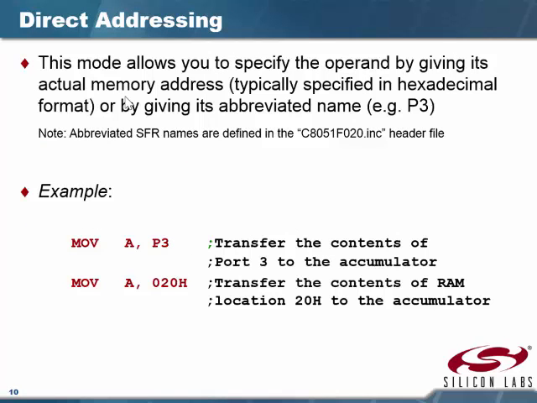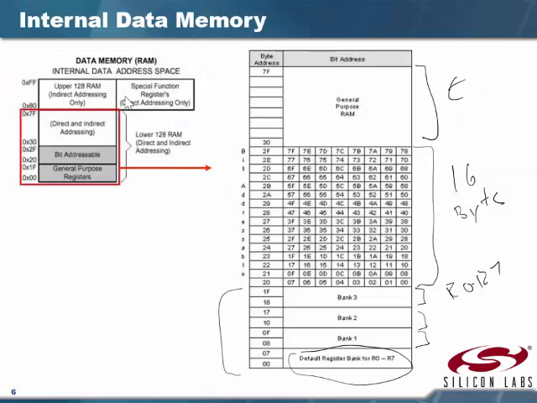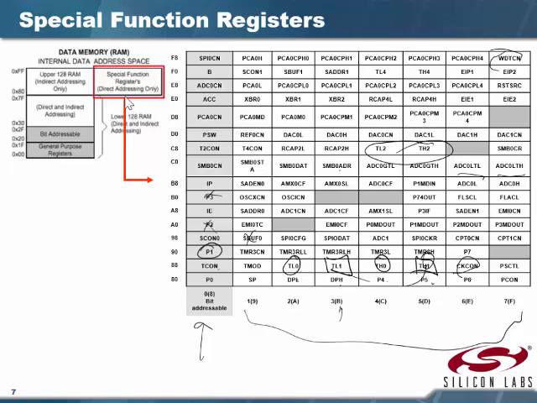Direct addressing means this particular address right here, P3, is actually a memory location. P3 is port 3 on the chip, but the way the processor treats it, it's a memory location, and the memory location of P3 is B0.